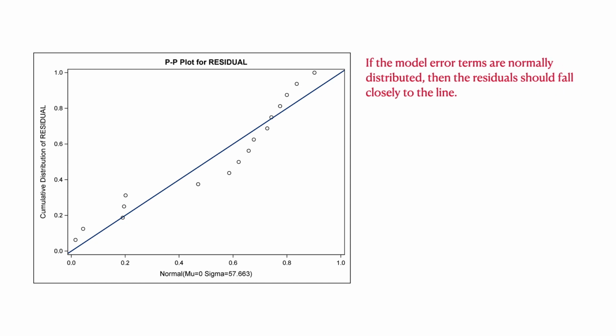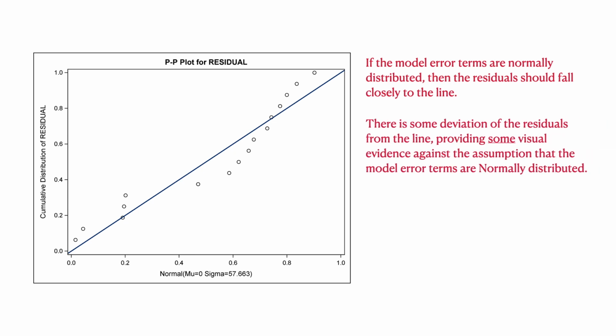Next, we have the PP plot for the residuals. If the model error terms are indeed normally distributed, then the residuals should fall fairly closely to that equiangular line. Now we see that there is some deviation of the residuals from the line, providing some visual evidence against the assumption that the model error terms are normally distributed. However, with only 16 residuals, some deviation from the line would be expected.